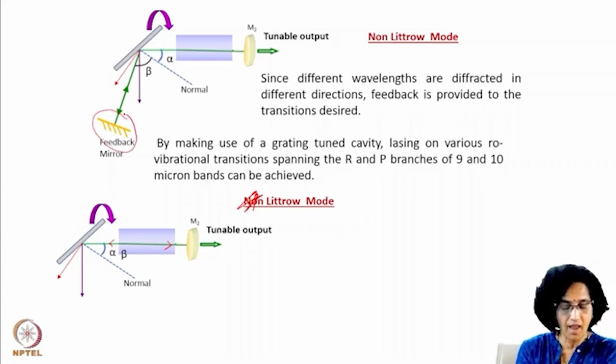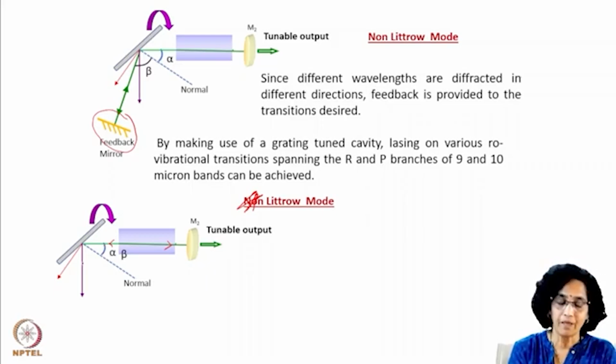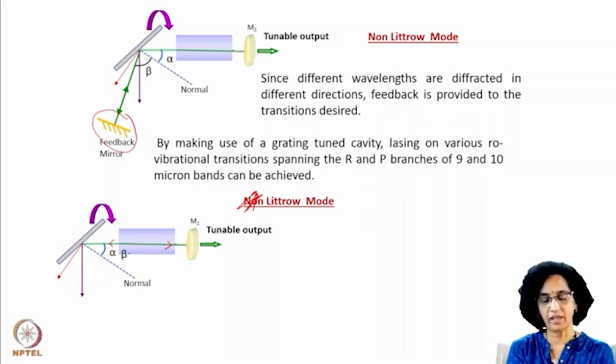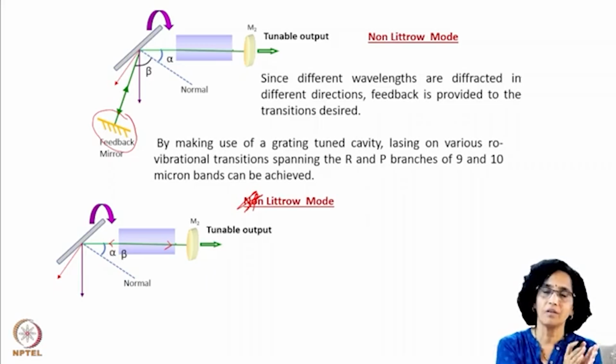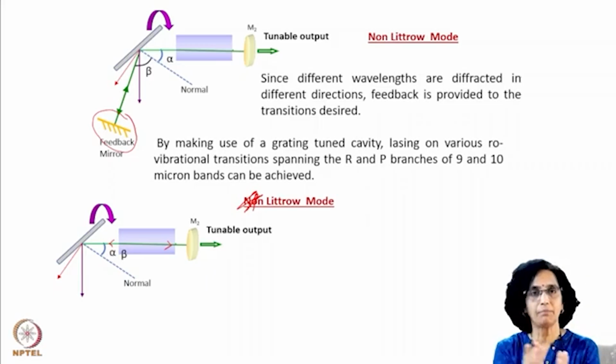That is one thing. And by rotating this itself, you can change the angle of incidence. And when you change the angle of incidence, the various wavelengths which are getting feedback will also change, and therefore you can tune the wavelengths from all 9R, 9P, 10R and 10P branches.